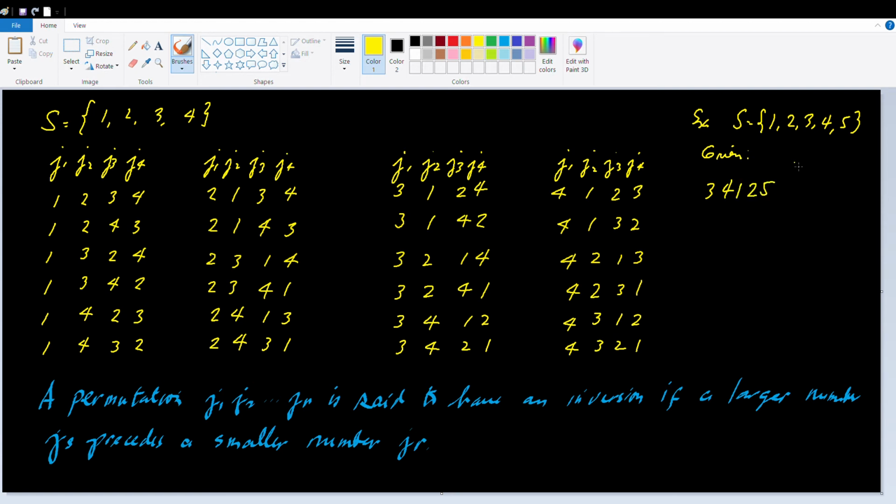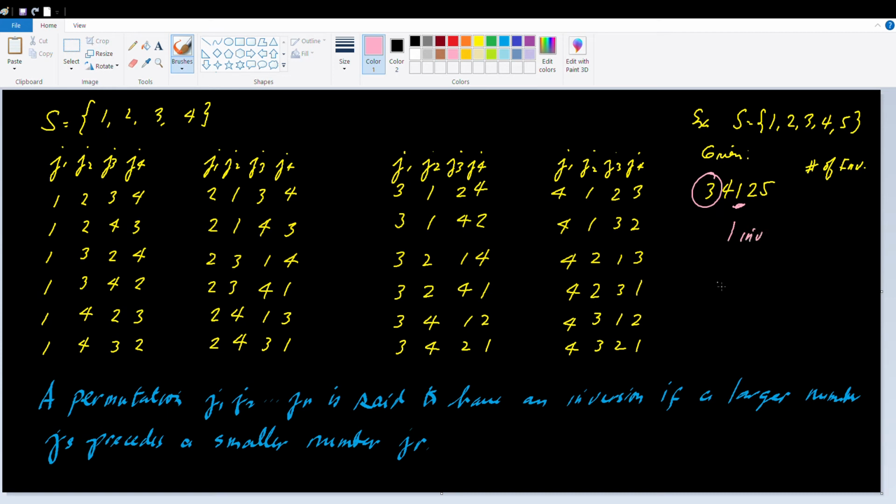So S is the set of the numbers 1, 2, 3, 4, 5, and 3, 4, 1, 2, 5 is a permutation of S. Let us count the number of inversions. We can start with the number 3. 3 is followed by 4, that is in its natural order, so there is no inversion. 3 precedes the number 1, and 3 is greater than 1. So that is already one inversion.